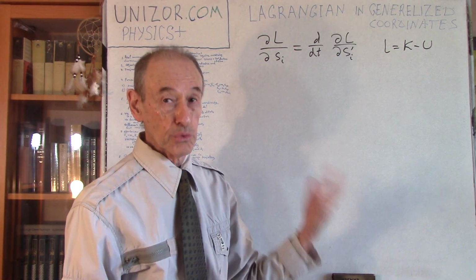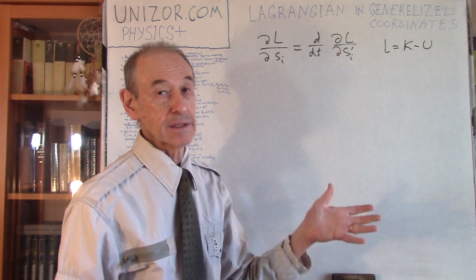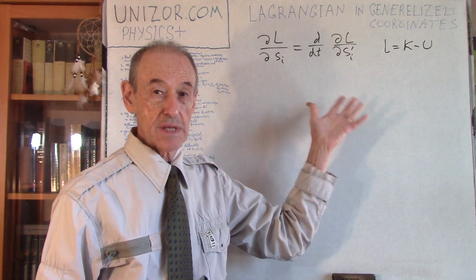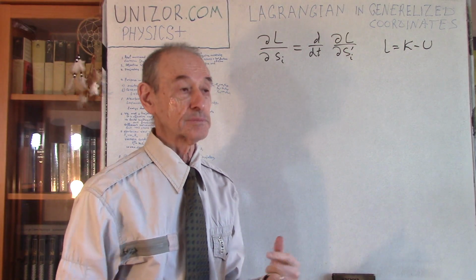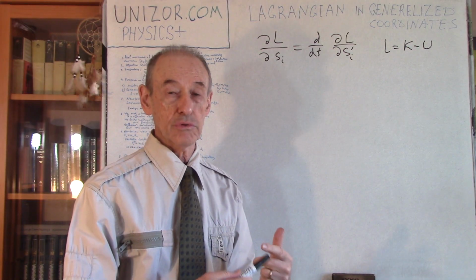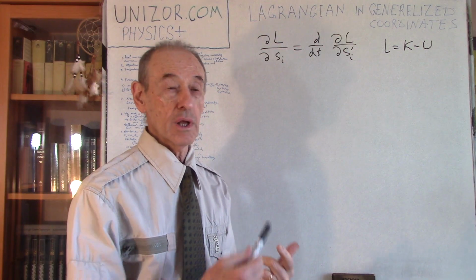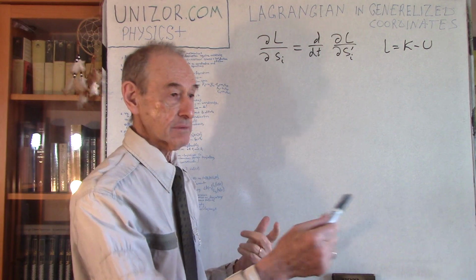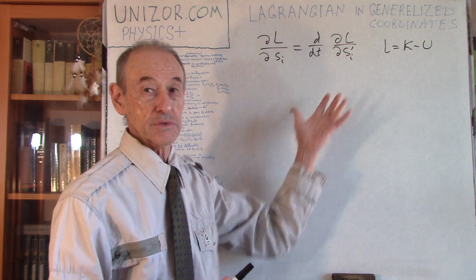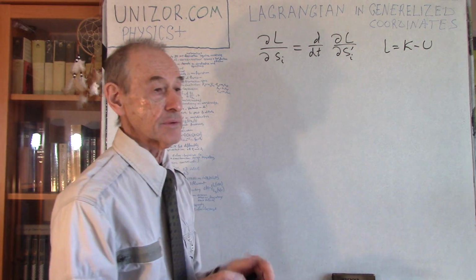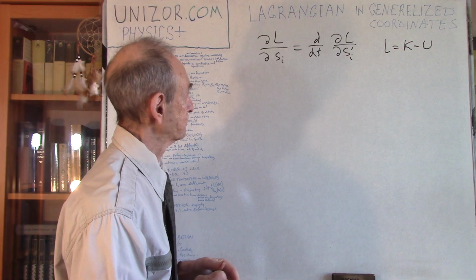I would like to prove that this is exactly the case, that we can use exactly the same equation for any system of coordinates. And that's a very big advantage over the Newtonian approach with the second law, F equals m times a, which changes the format of the equation in any non-Cartesian system.